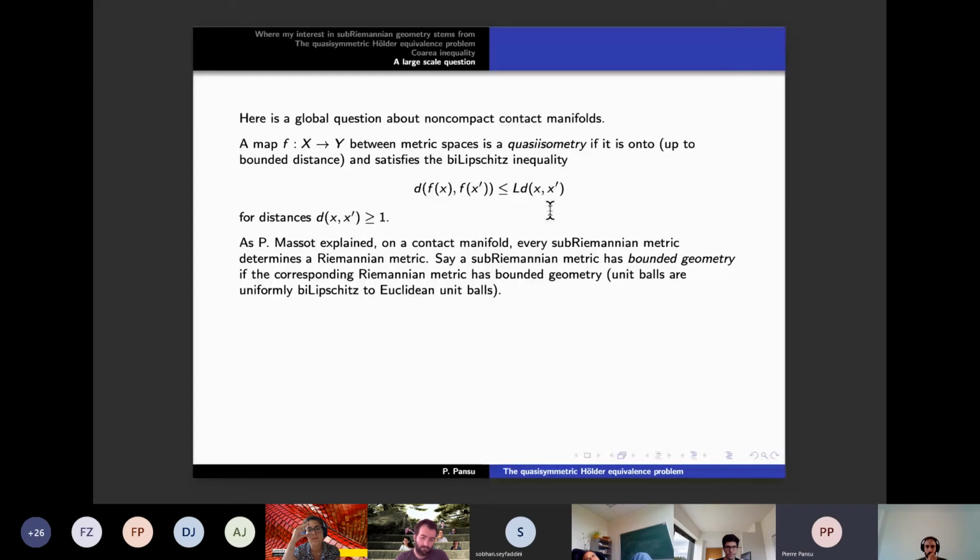Patrick also added an extra parameter, which was a speed of rotation. But let's say that this speed is equal to 1. And so the sub-Riemannian metric extends canonically to a Riemannian metric. And I'll say that a sub-Riemannian manifold has bounded geometry if the corresponding Riemannian manifold has bounded geometry.